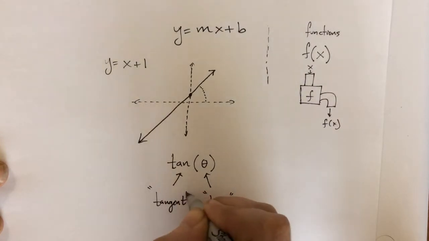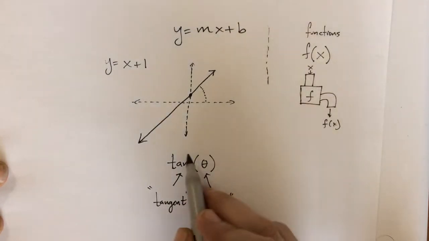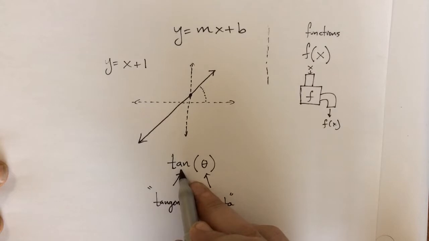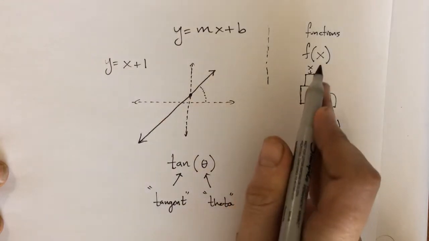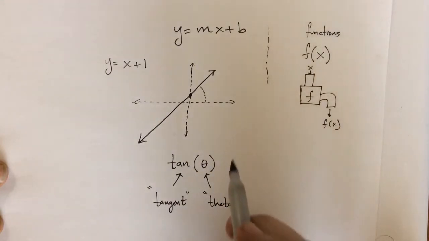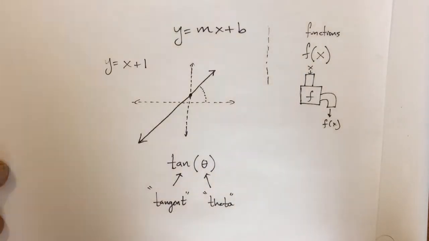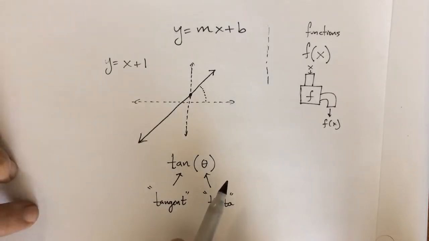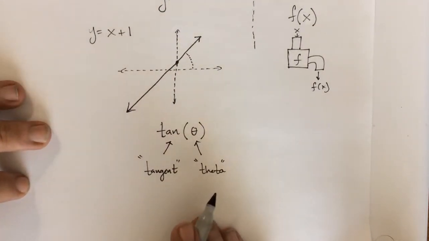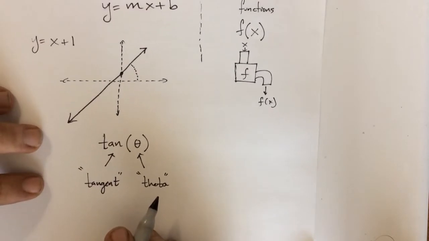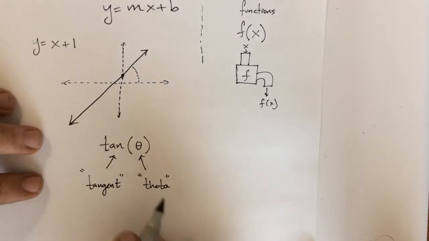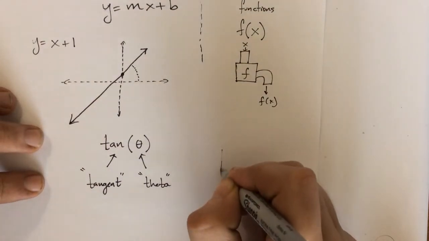Okay, and just like f of x, the name of the function is tangent, the argument, or the thing that goes in the function, is theta. So just like we read this f of x, we read this as tangent of theta. Okay, so tangent of theta is a really cool function. It's a really cool function for this reason.